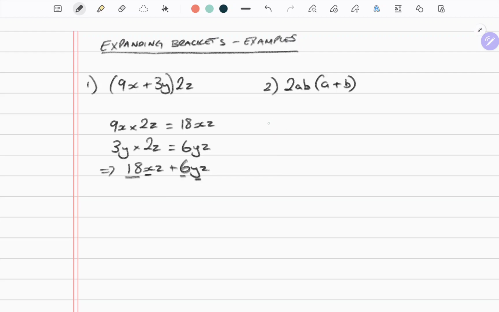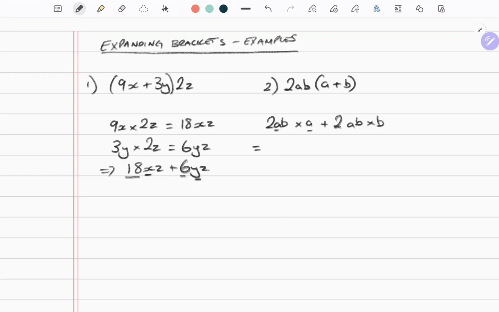So this is the same as going 2ab, that multiplier, multiplied by the a, which is the first term in the bracket, and then we have that plus symbol, and we're going to go 2ab multiplied by b. And then how this will look is, what do we have the same here?